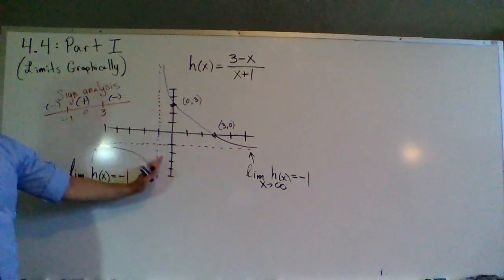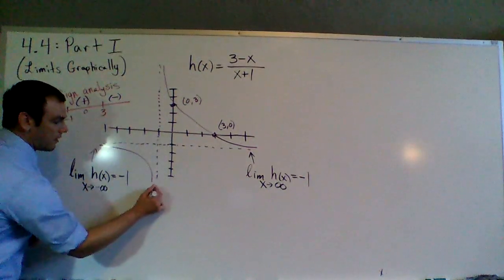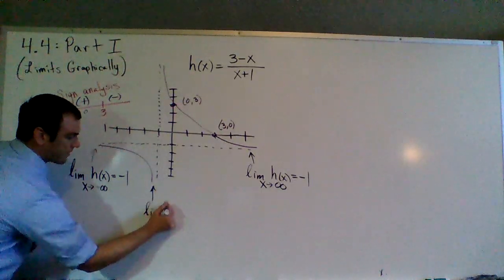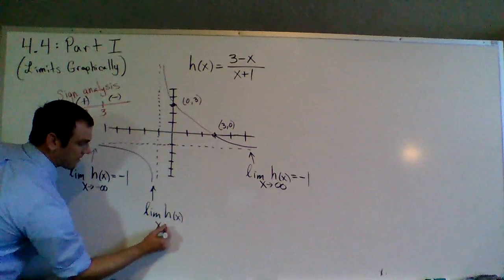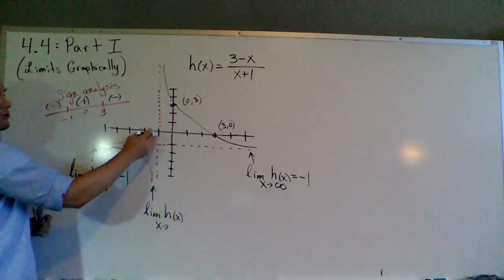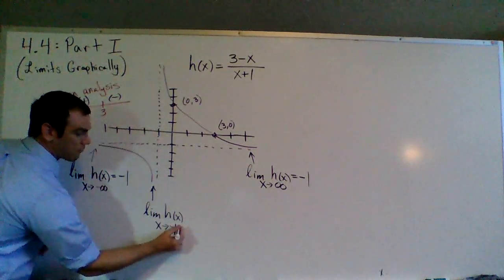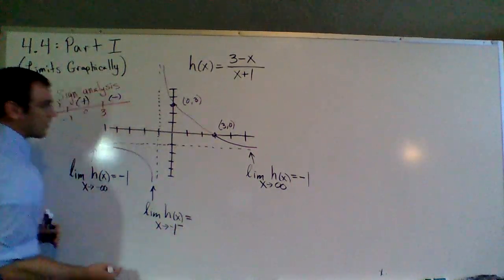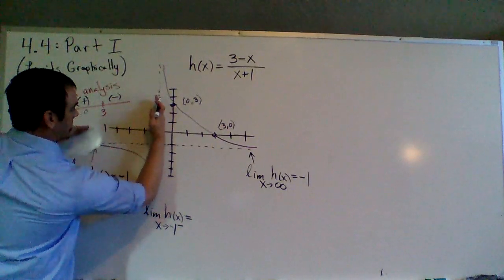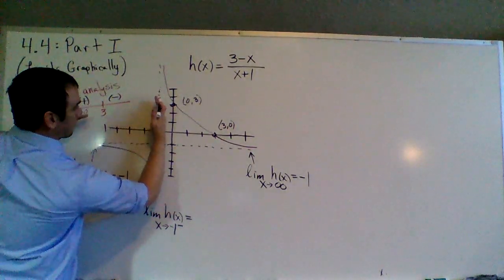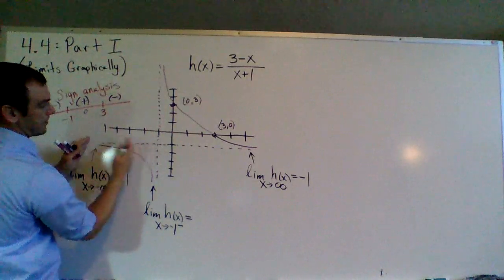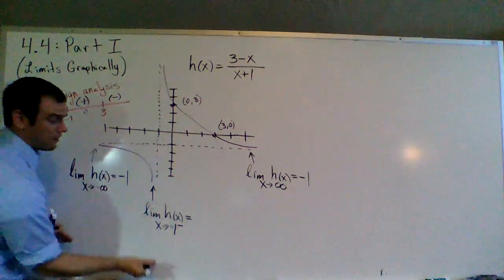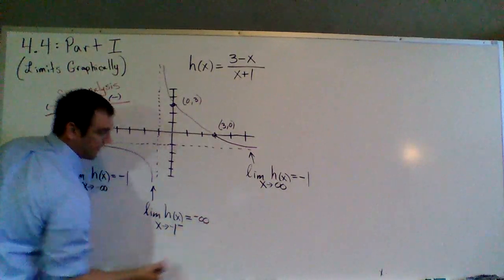Now let's talk about this vertical asymptote. Here, I'm going to begin with my left. This is going to be the limit of h of x as x approaches -1 from the left side, so you have a little negative there. As we go closer and closer to -1, our y value keeps going further and further down, so it's going to be approaching -infinity.